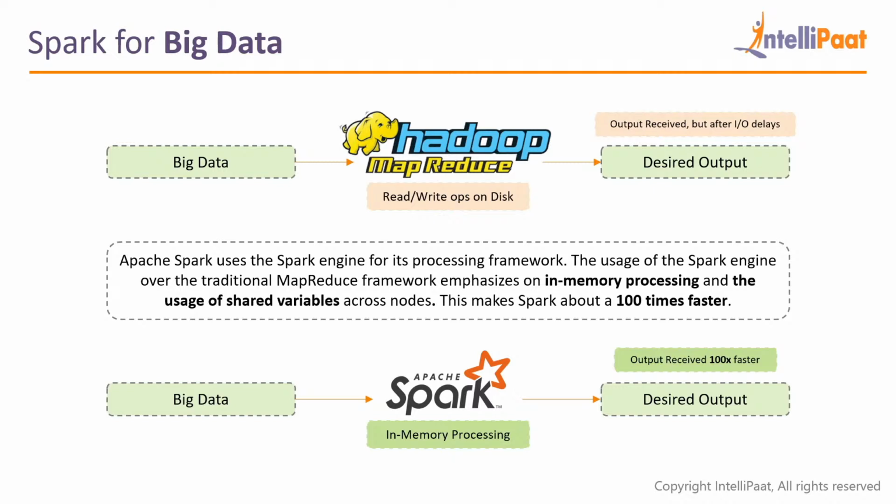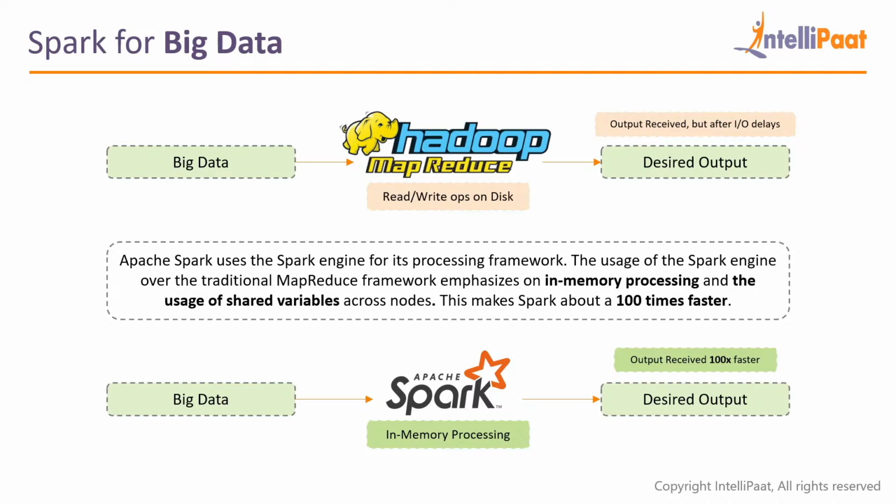But after the introduction of the Spark engine via Apache Spark, Spark started to emphasize in-memory processing and the usage of shared variables. So what does in-memory processing mean? Memory here refers to the RAM, or in other words, the random access memory, right? The CPU is directly connected to the RAM, and when data is present within the RAM, the latency is almost zero. So the time it takes for the CPU to access that data is almost instant, right?